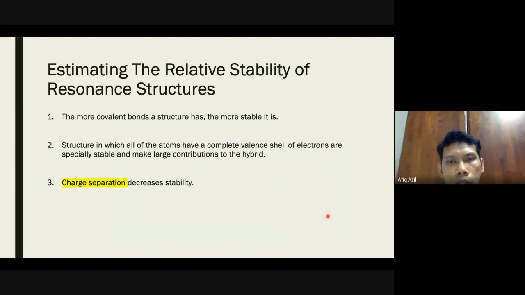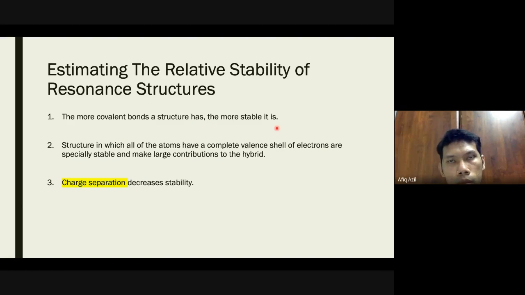So, estimating the relative stability of resonance structures. How do you know which resonance structure is more stable than the other? The first thing that you have to look into is the more covalent bonds a structure has, the more stable it is.